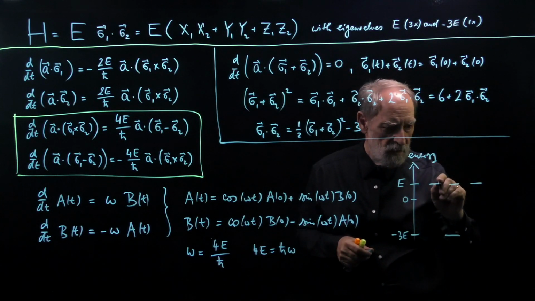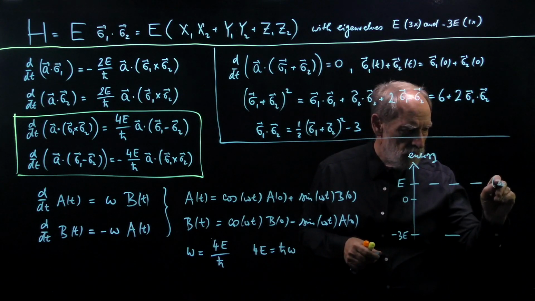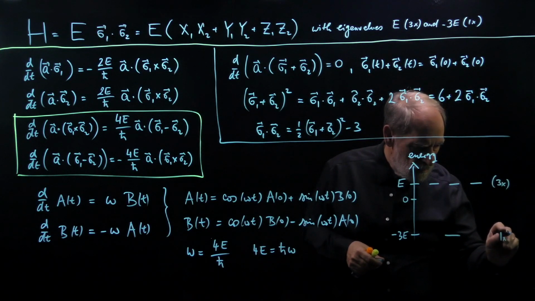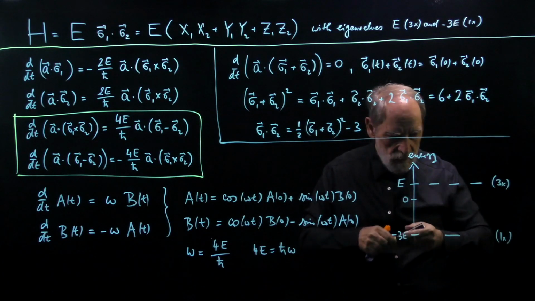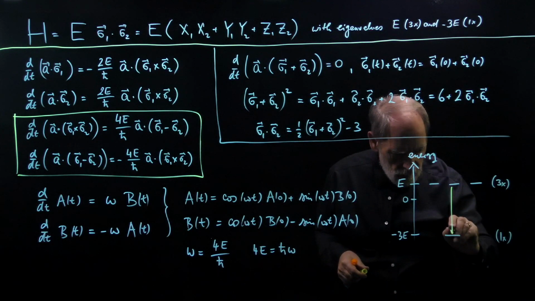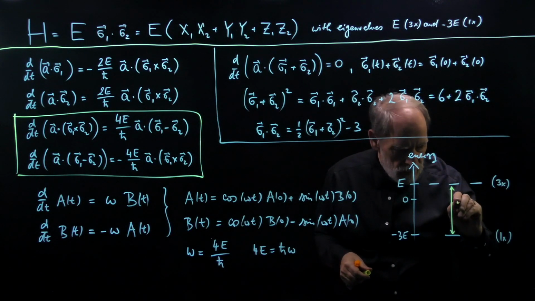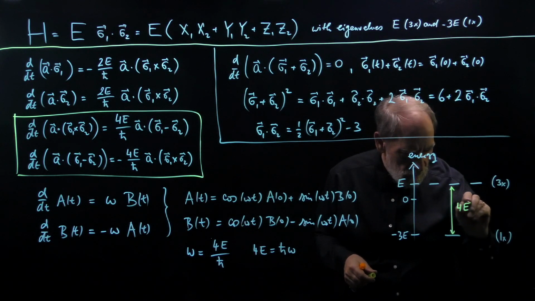So there's 3 states that have energy E, 1 state that has energy negative 3E. The energy gap between the two is 4E.